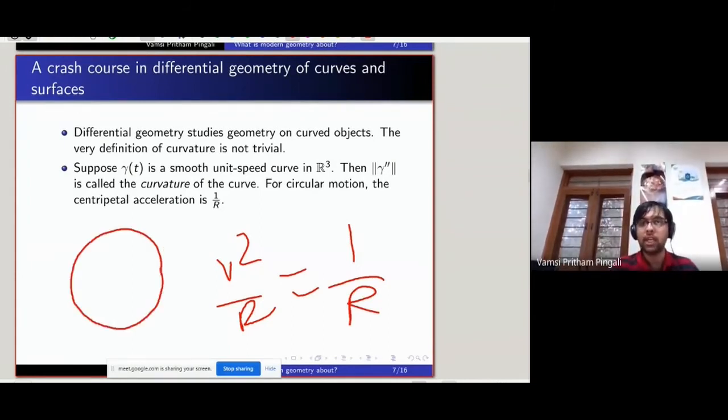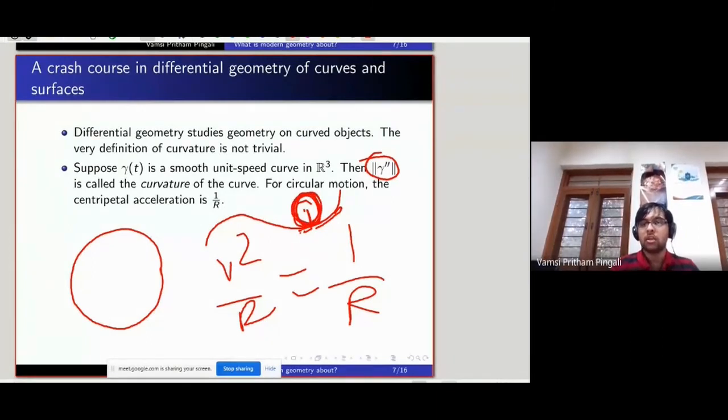If I take a general curve, presumably the curvature should measure what a circle that just touches this curve up to a certain order, what its radius looks like. In other words, if I write the second order Taylor expansion of the curve, that's where I'll get this term from.